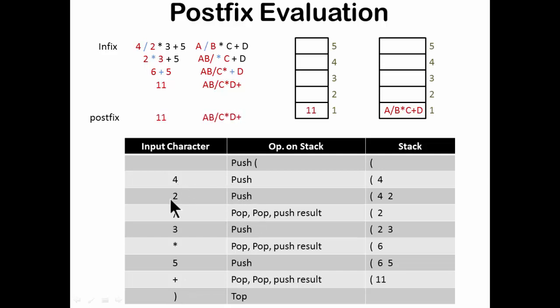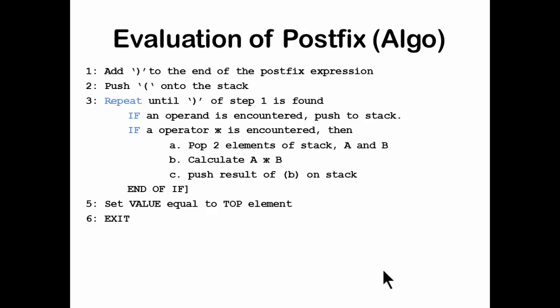Operand pushed into the stack, operand pushed into the stack, operator popped both the elements, performed the operation, pushed the result. 3 pushed into the stack, operator popped both the values, calculated the result, pushed. 5 pushed into the stack, with the advent of the addition operation, popped, added, pushed the result into the stack. And this way you'll get the result.